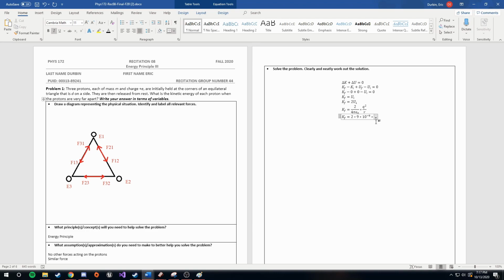That would give us the potential energy of E1. And since they're equidistant and have the exact same charge, we can take one of the potential energies and multiply by 2 to simplify things down, and that'll be the amount of energy that both of the protons add to the specific one.